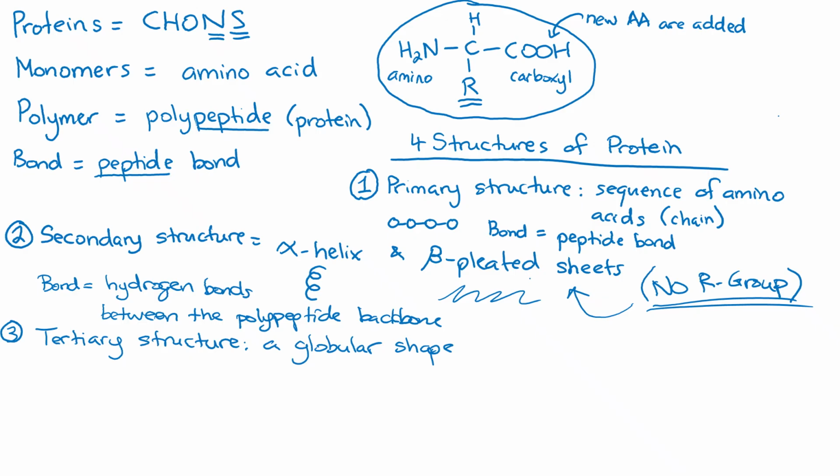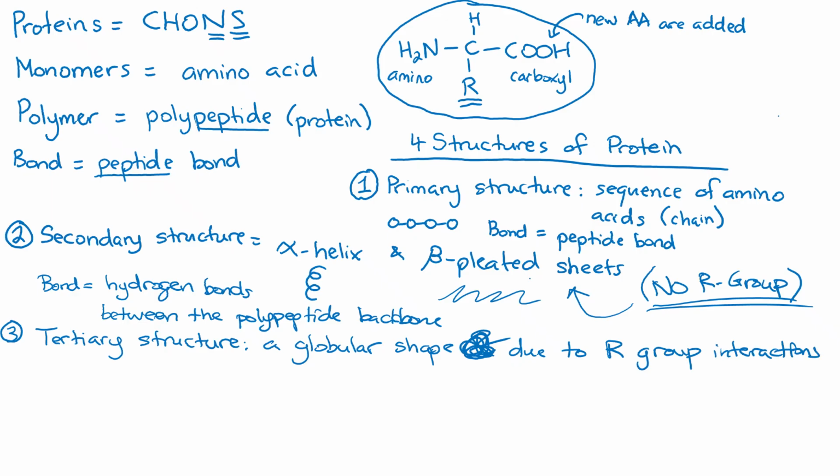I'm going to draw it for you too, something like this. It twists and turns, bends and folds, and does all the things you would see a protein do. And it's because of the R group, so due to R group interactions.